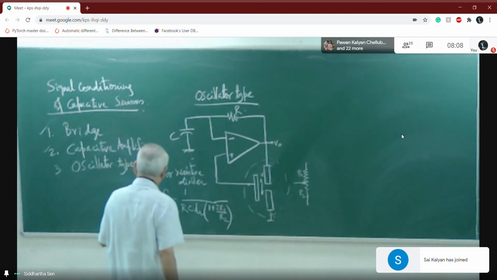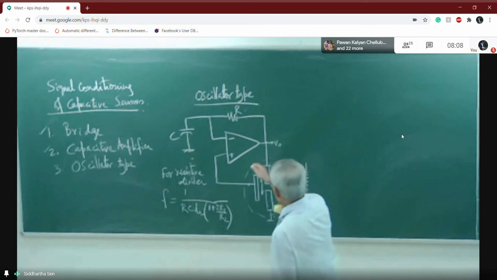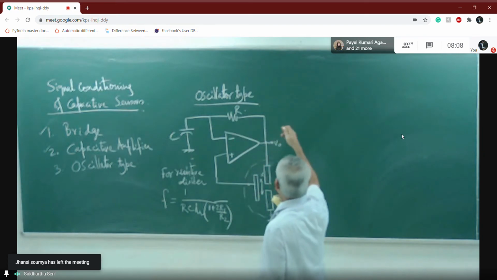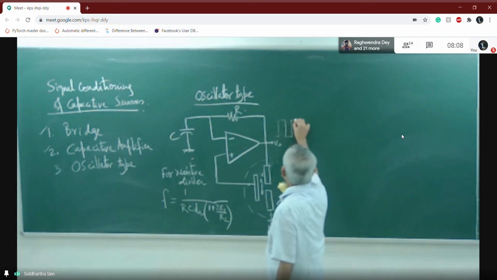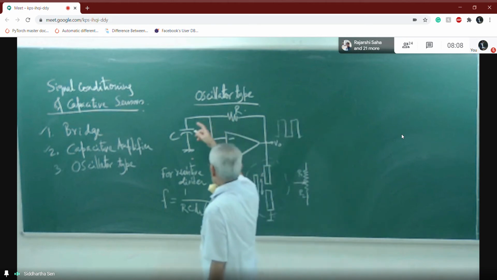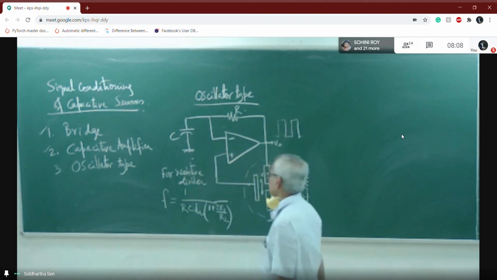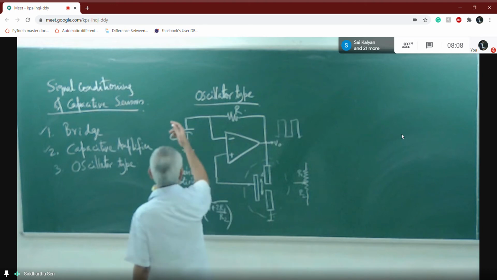Here R1 and R2 are as shown. At this output we get a square wave, and the frequency of the square wave depends upon R, C, and log natural (1 plus 2R1 by R2). So first of all, it definitely depends upon C.